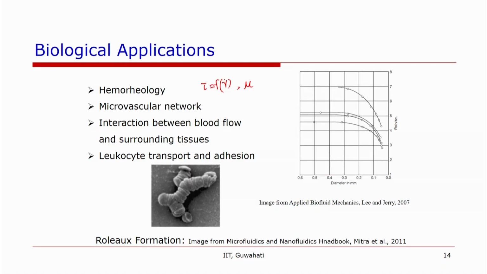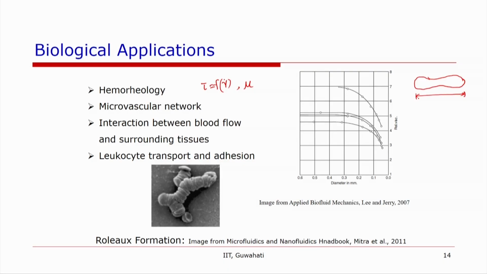And this blood flows in the vascular network, which is the network of arteries, capillaries and veins in the body.